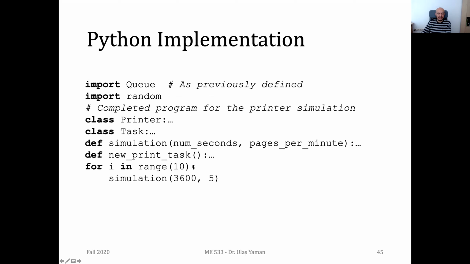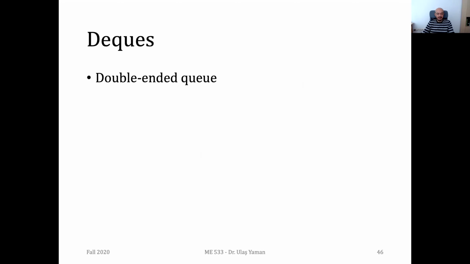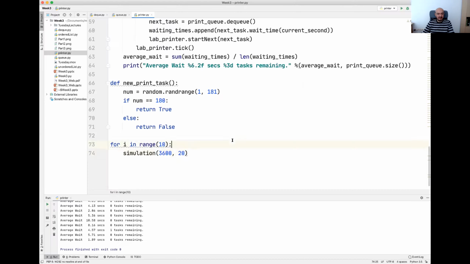And we run this simulation, as you see, 10 times. The simulation covers about an hour. And the quality of your printer is 5, which means that it's printing 5 pages per minute. Let me show you once more the Python implementation.